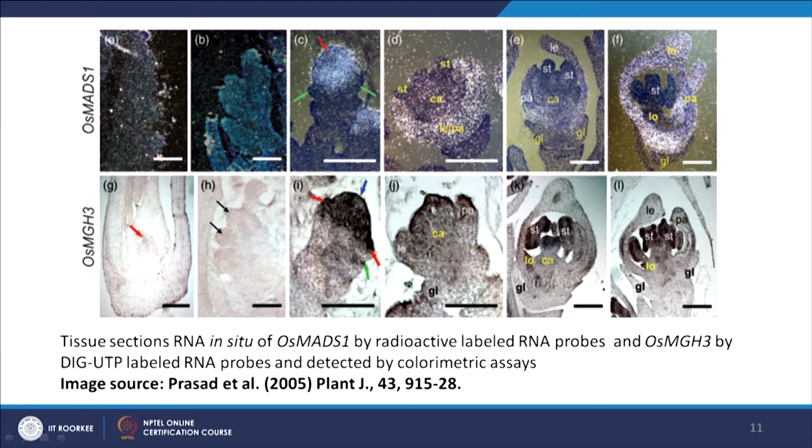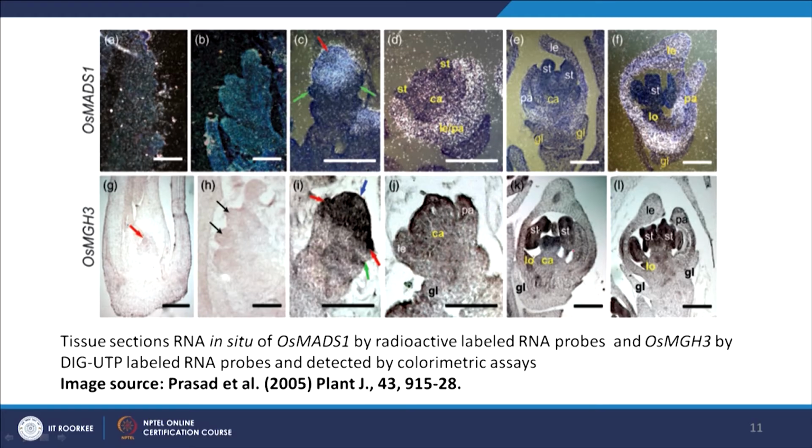On the other hand, if you look at this, OsMGH3 is a downstream gene which is regulated by MATS1. This is done with a non-radioactive labeled antisense RNA probe, and if you look at this stage, you can see that, very similar to MATS1, it shows a high level of expression throughout the floral primordia.